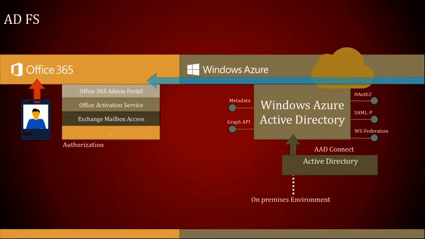ADFS is Active Directory Federation Services. That's what it stands for. I'm not going to spend too much time on this, but my assumption is that everybody understands what it basically does. It provides federation and single sign-on capabilities for all Office 365 applications that need to be supported between on-prem AD and the cloud.